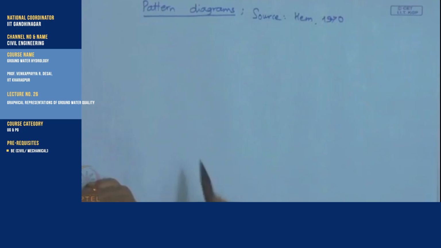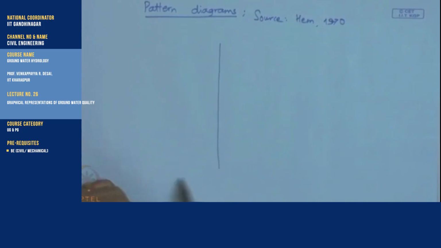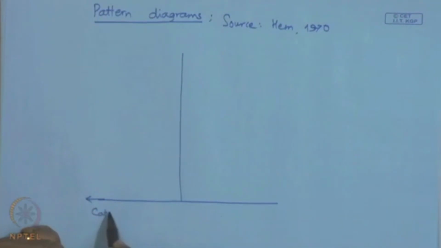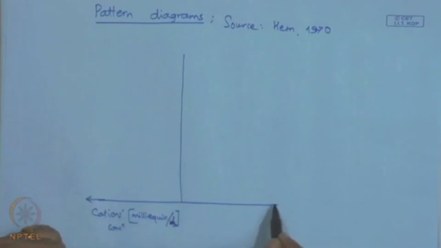Here, from a vertical line, the cations are represented to the left. So this is cations in milli equivalent per liter, the cation concentration, and then similarly the anion concentration.